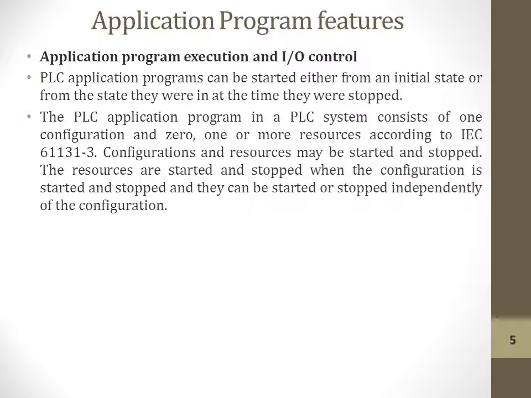The PLC application program in a PLC system consists of one configuration and zero, one or more resources according to the standard. Configurations and resources may be started and stopped.